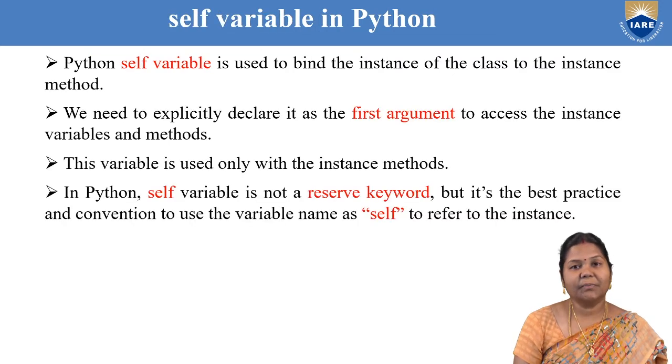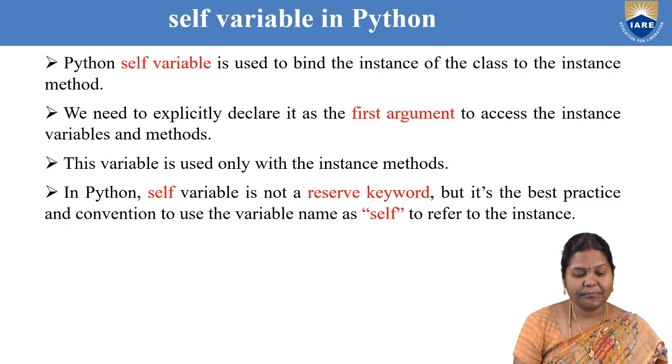Now let us talk about what the self variable in Python is. The self variable is used to bind the instance of the class to the instance method. How does it do the binding? For that we have to explicitly write self as the first argument in the methods.